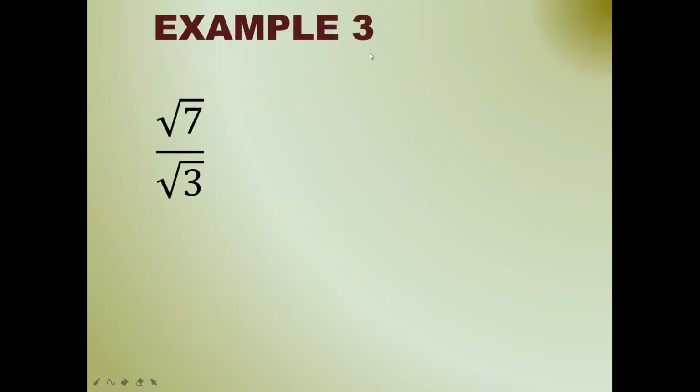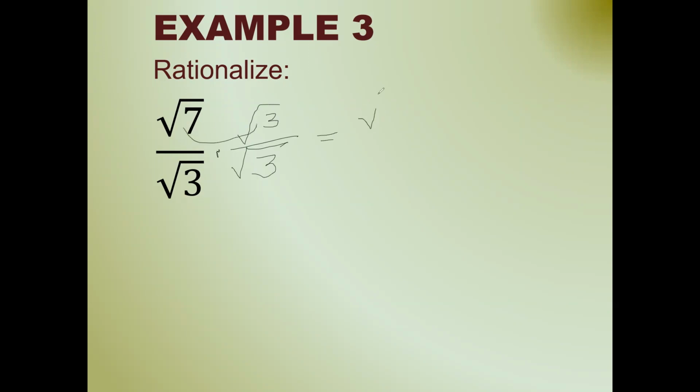Example number 3. Square root of 7 divided by square root of 3. So we have to rationalize this by multiplying the rationalizing factor, square root of 3. Wala naman silang coefficient. So this is 3 times 7 is square root of 21 all over 3 times 3 is square root of 9.